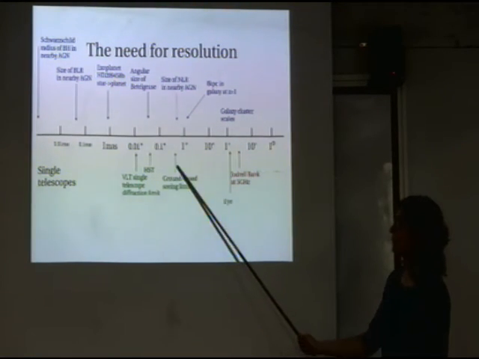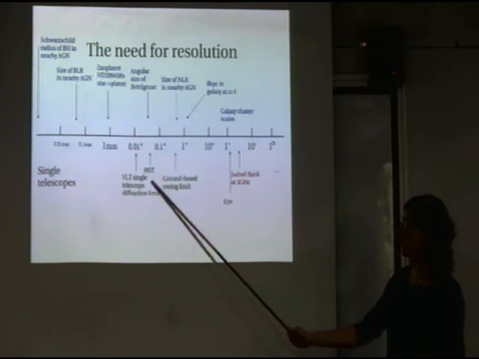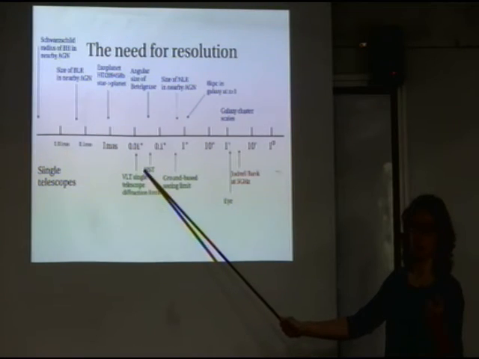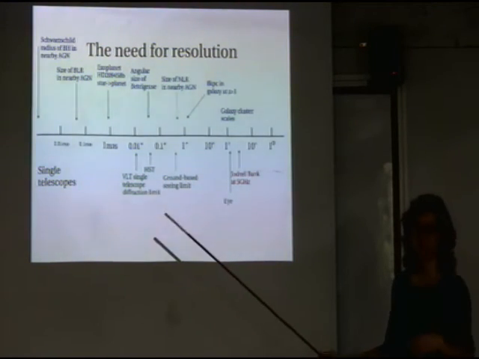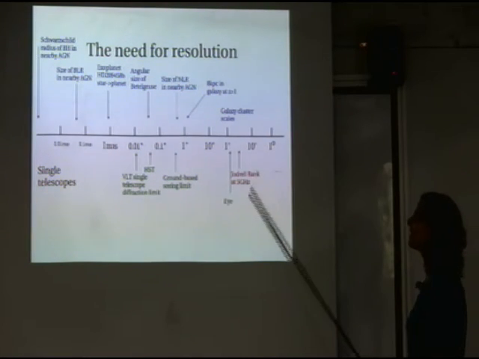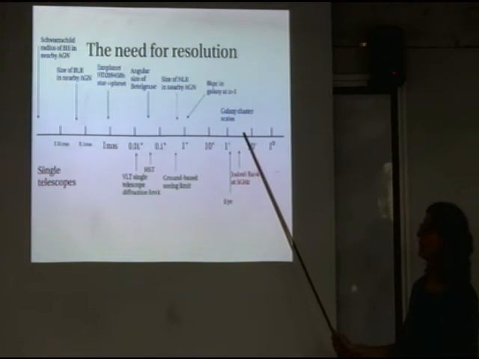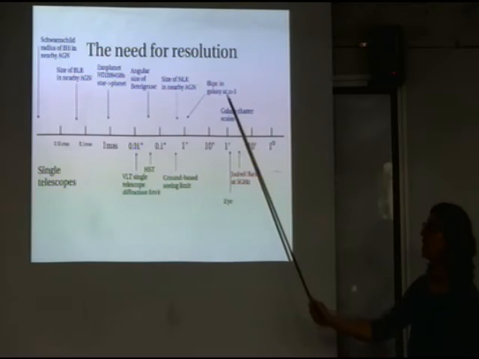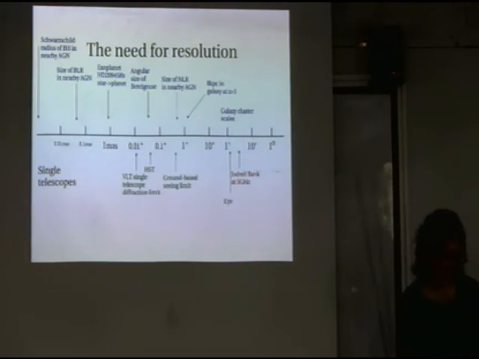This is the seeing limit of a ground-based telescope. This is the HST, and this is the VLT. I guess you guys know a bit of this. And in radio, this is the Jodrell Bank single dish at 5 gigahertz. So Jodrell Bank could be in this regime. So clearly, we cannot reach any of those structures with a single telescope.